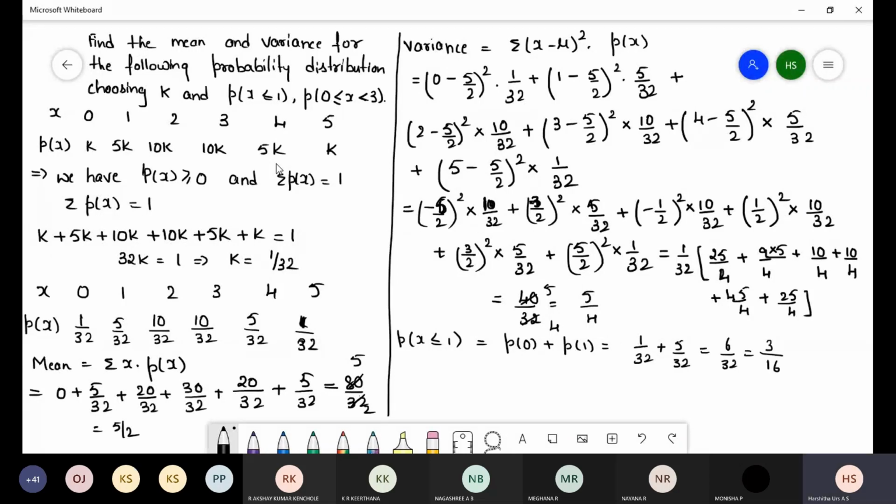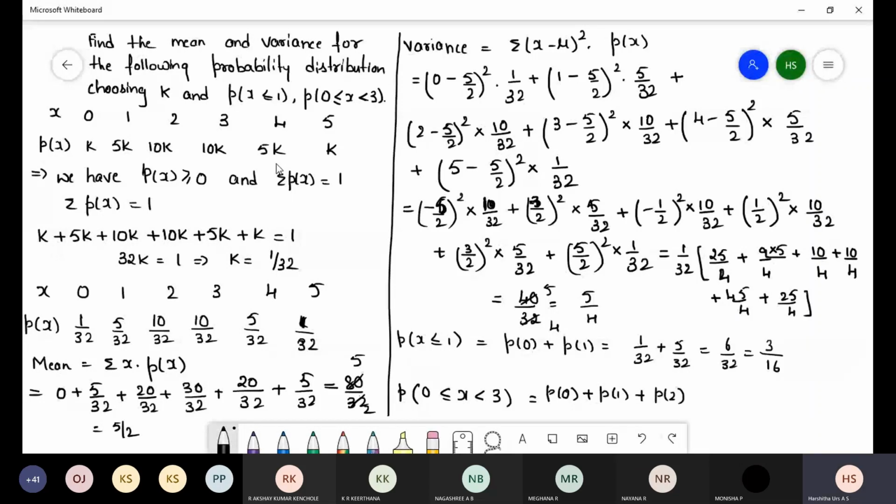Next, the last one, P of 0 less than or equal to x less than 3. Here, starting from 0, it is P of 0 plus P of 1 plus P of 2.